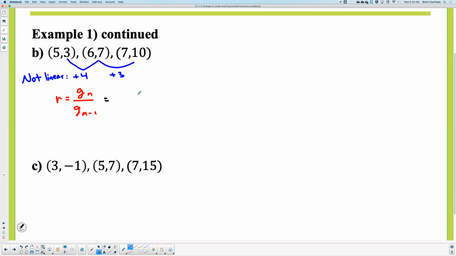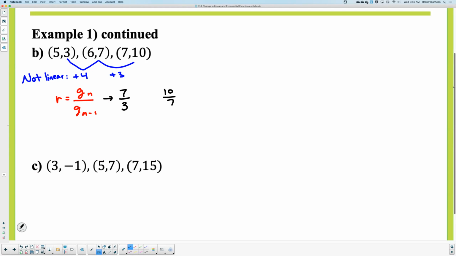Let's just take 7 and divide it by 3. Will it be the same thing as if I took 10 and divided that by 7? Will those be equal to each other? 7 divided by 3 is 2 1/3, and then 10 divided by 7 is about 1.4. So no, they're not the same.